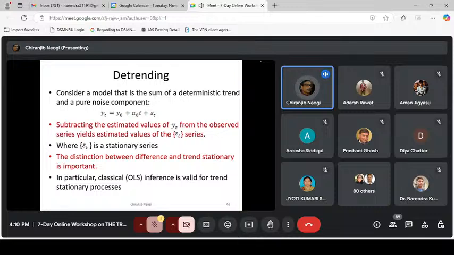Now, this is the case of detrending. Here also, after detrending, the series could be stationary, as I told you earlier. In particular, classical OLS inference is valid for the trend stationary process. So after making the series stationary by detrending, we call it trend stationary.